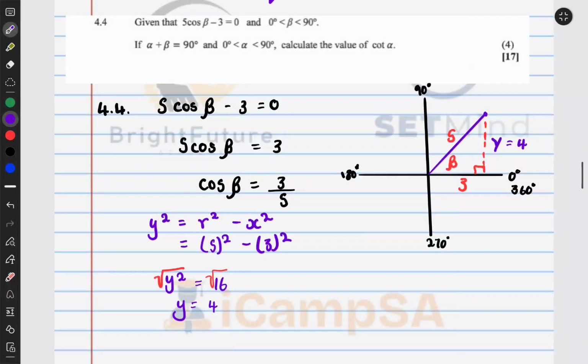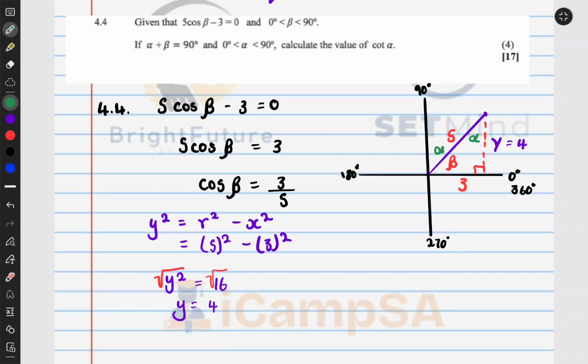Okay, once we are here, we know that alpha plus beta are equal to 90 degrees. Alpha will essentially be the angle here, or if you like, we can say that alpha is the angle here. If we look at the right angle triangle, it's basically the same thing.